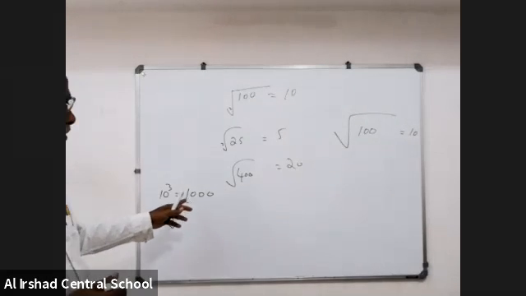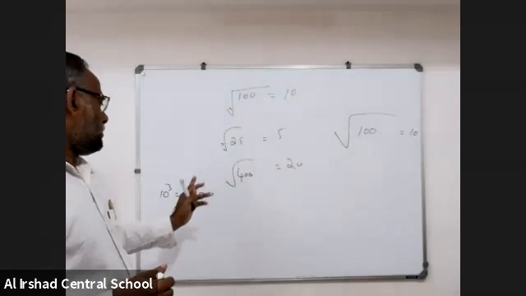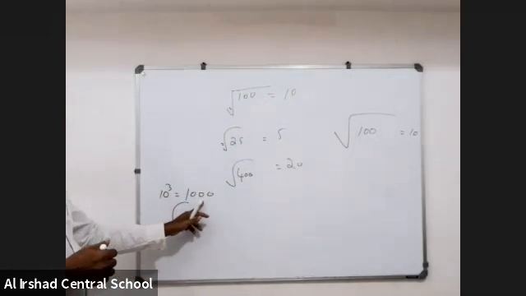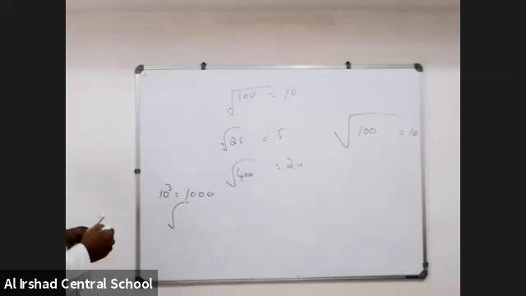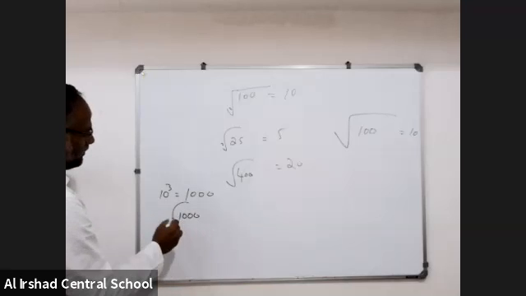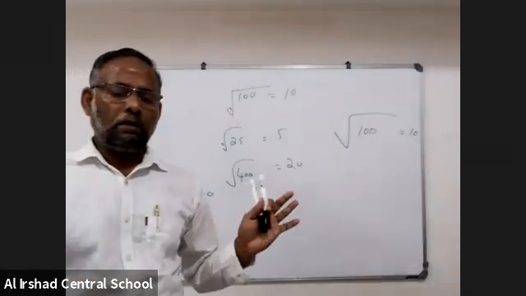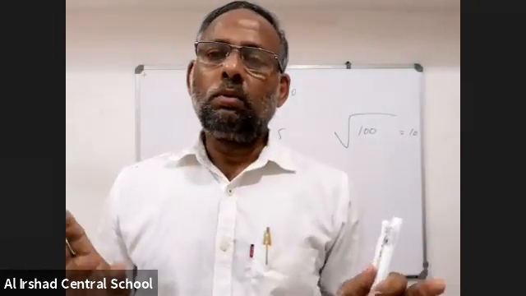Now square root of 100 is 10. Now 10 cube is equal to 1000. That is why we are not writing square root. Here we have to write cube root. Square root, no need of writing. Cube root, you have to write.